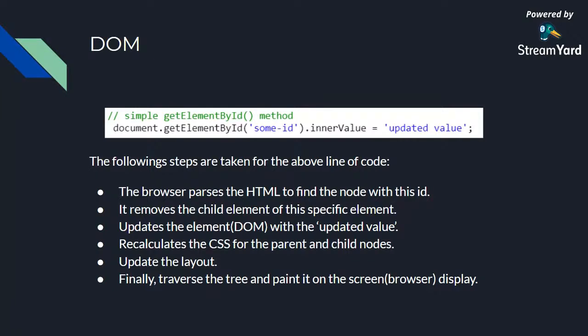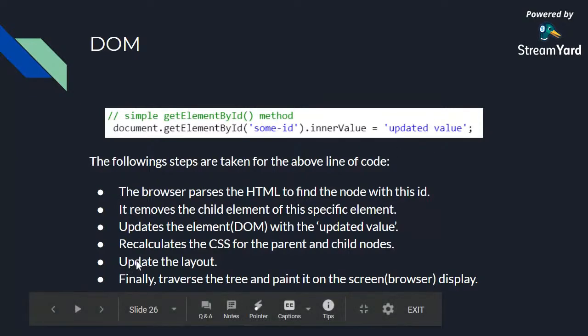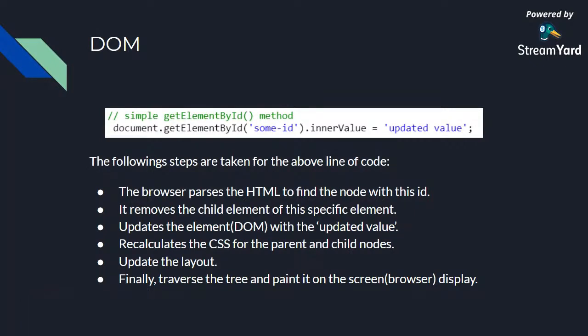With the naked eye, when we work on a pure JavaScript application, we just see a split second, not even a second, for it to update, but it goes through so many steps internally. So once it updates the layout, it again searches where it needs to put it, and then prints on the browser screen.